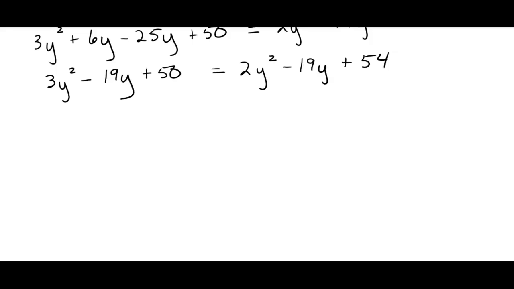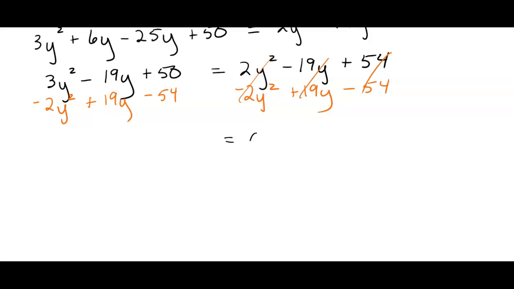So I'm going to subtract 2y squared, and I'm going to write it under here so that my y squared terms are lined up. I'm going to add 19y, and then I'm going to subtract 54. Now on the right-hand side, that's all canceling out. So we get equals 0.